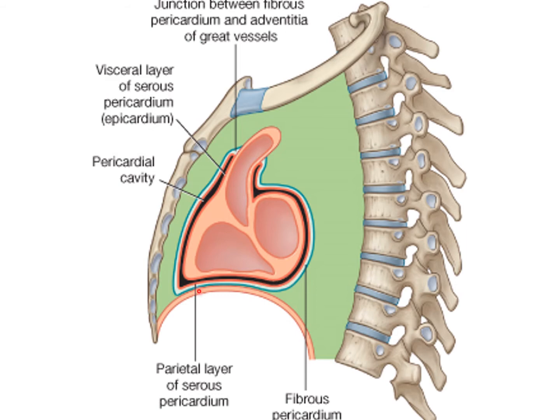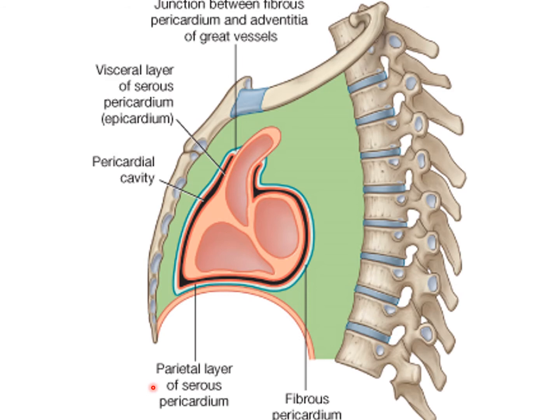Within this pericardial cavity there is 300 ml of fluid, for the easy movement of the heart and to prevent friction between the two layers of the serous pericardium. Now the parietal layer.